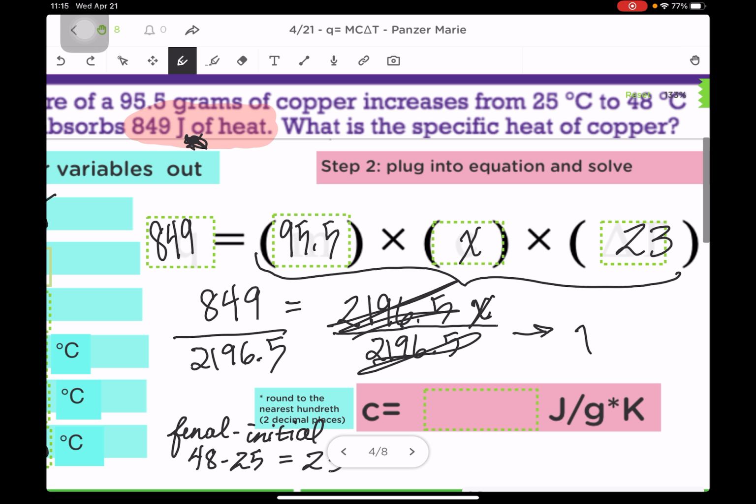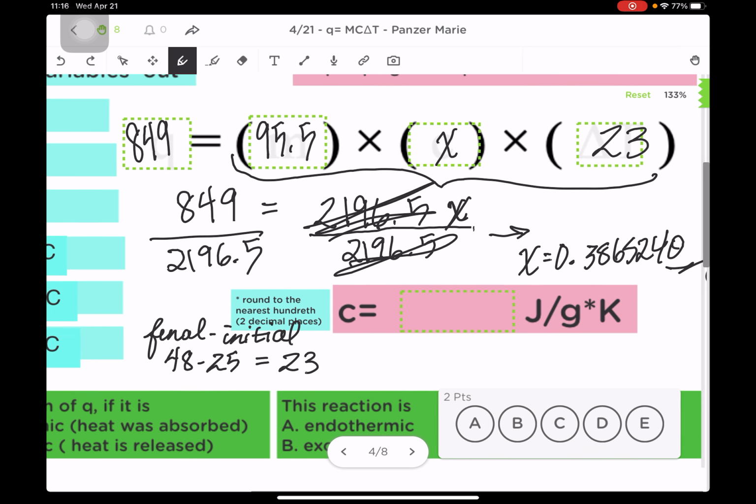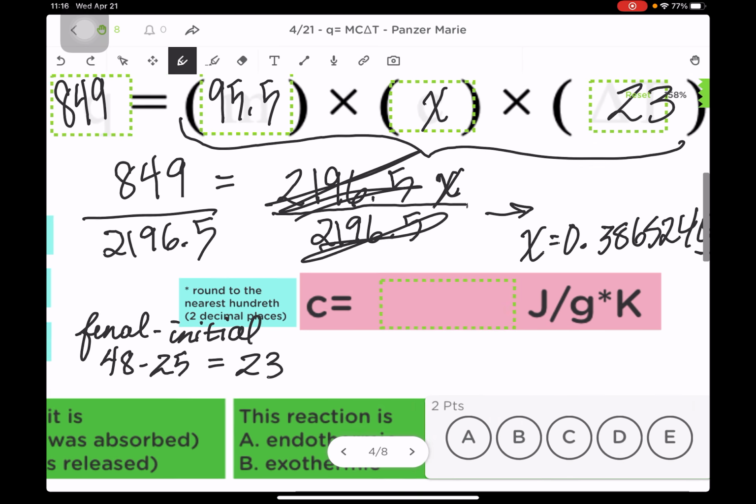So to get X, I would do 849 divided by 2,196.5. And that will give me some big long answer. So X equals 0.3865240, blah, blah, blah. Please be aware, I know that you guys love to not read things.